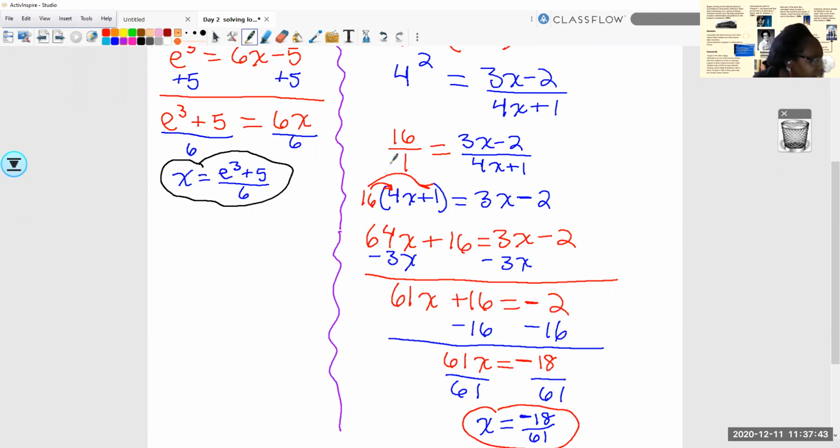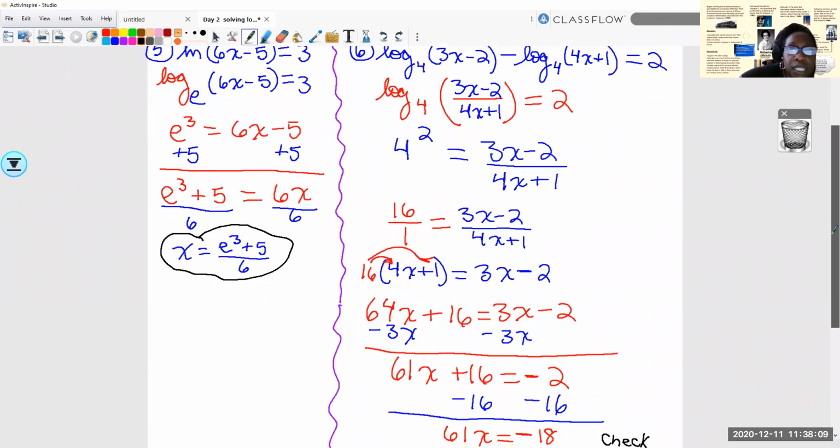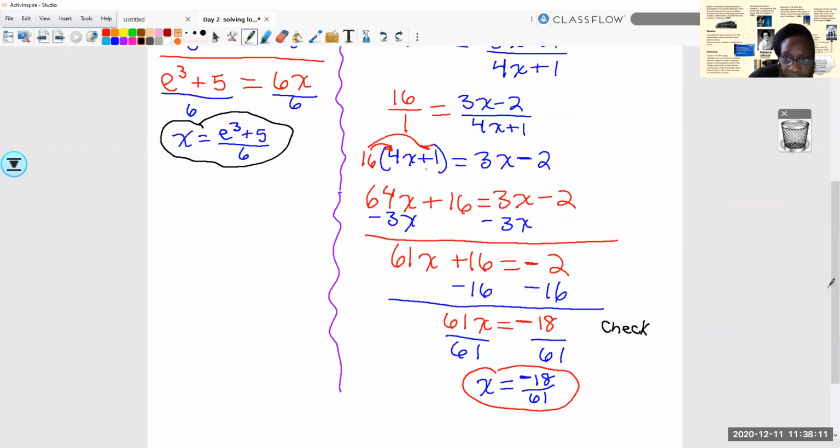Into the original. When I check it, I look at any one of these sides. I'm going to squeeze the check over here. All I have to do is prove one of them is negative. So we're going to take the original, 3x minus 2.